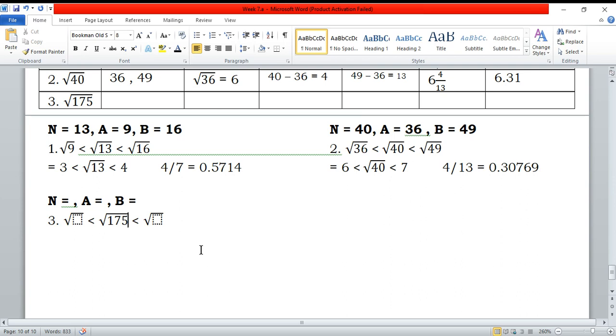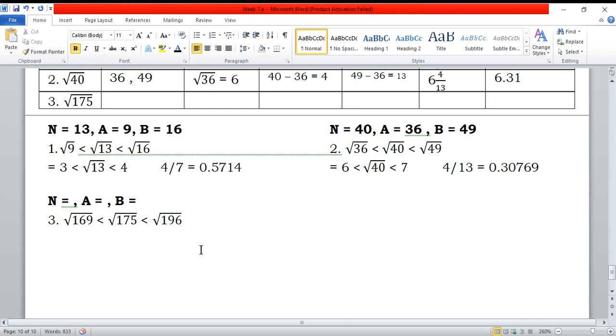Ano yung dalawa? I think 13 is 169. 14 is 14 times 14, so that's 196. Okay, so this will be 169, and this one on the right side will be 14 times 14, it's 196. Okay, ayan.